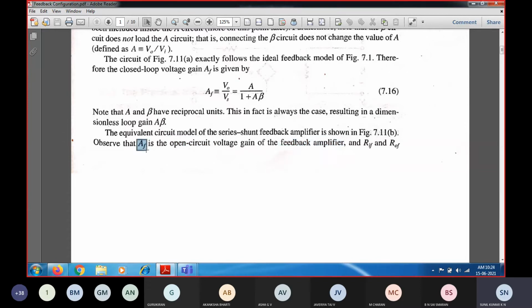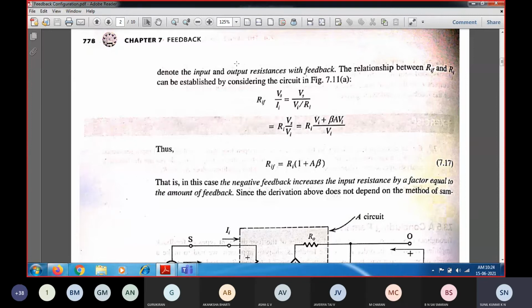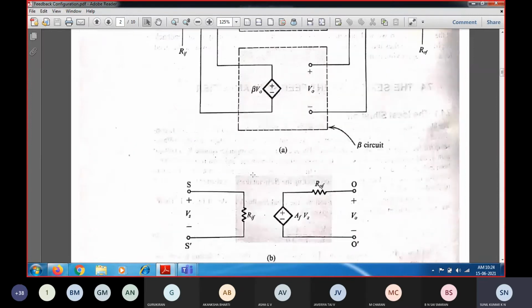So open circuit voltage gain means what? Without including the load resistance, whatever you find out is nothing but the open circuit voltage gain. So AF corresponds to the open circuit voltage gain of the feedback amplifier, and RIF as well as ROF correspond to the input and output resistance with feedback.